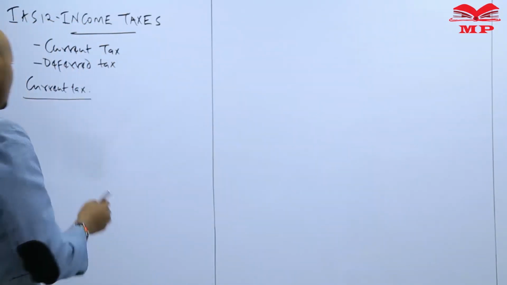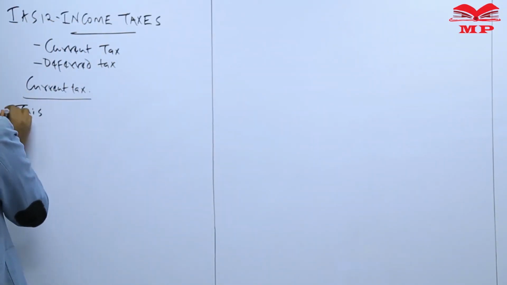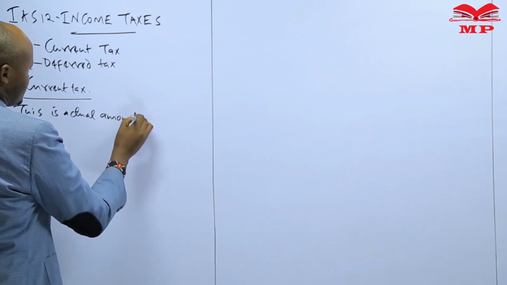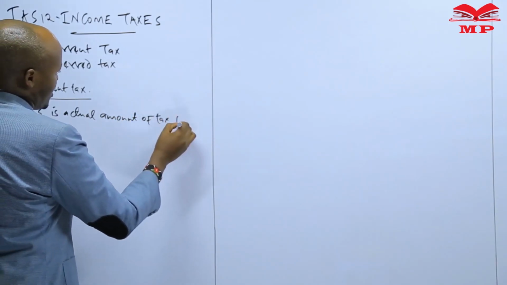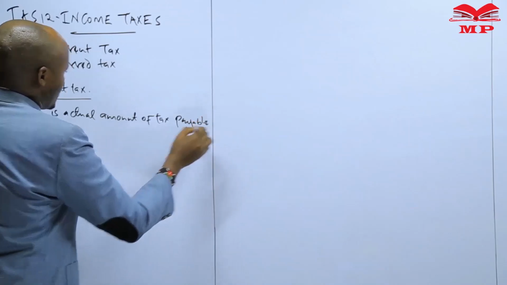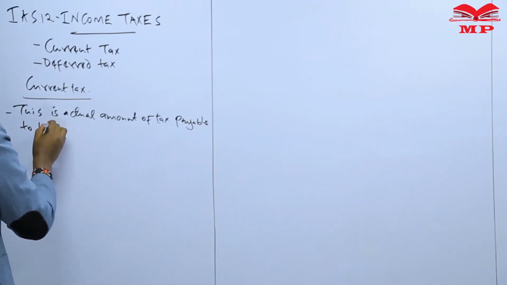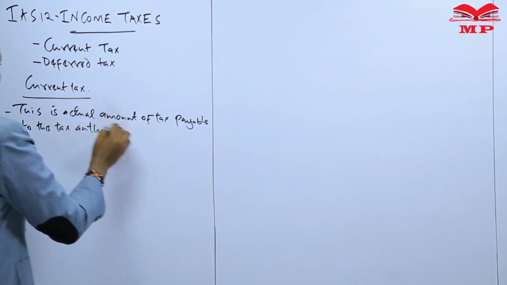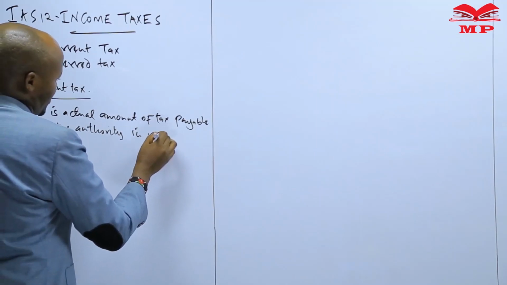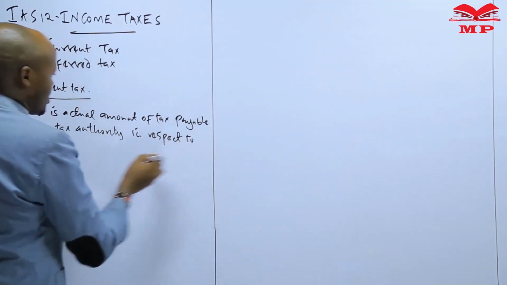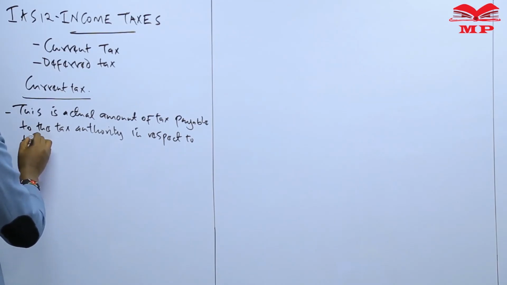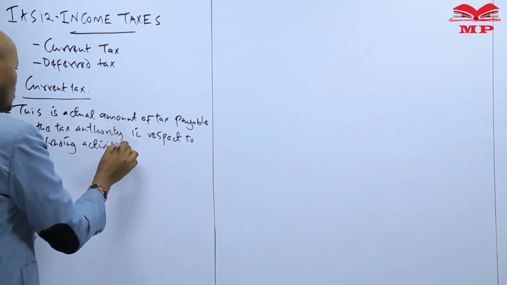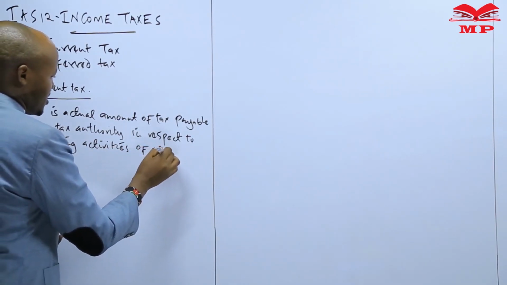So this is the actual amount of tax payable to the tax authority in respect of the trading activities of a certain accounting period.